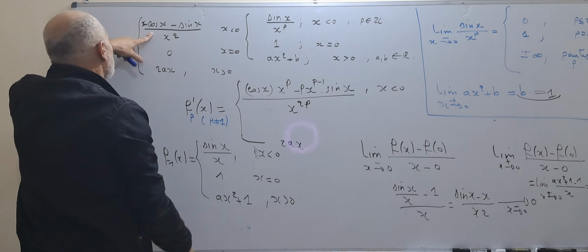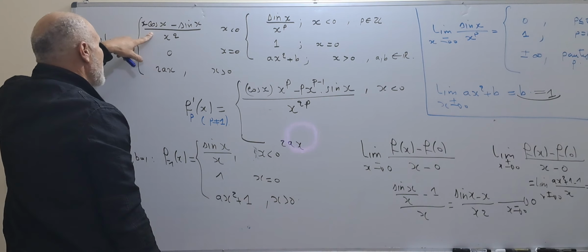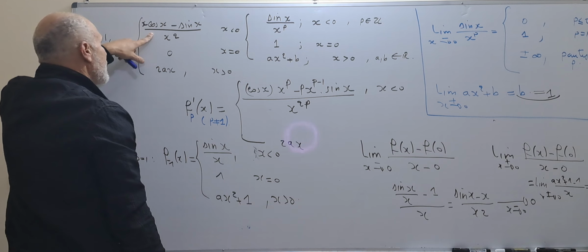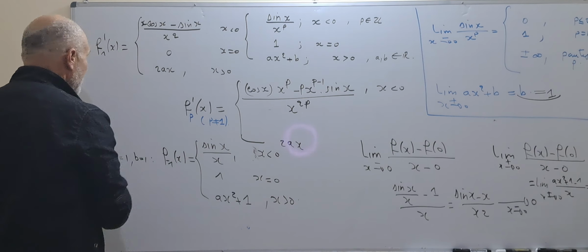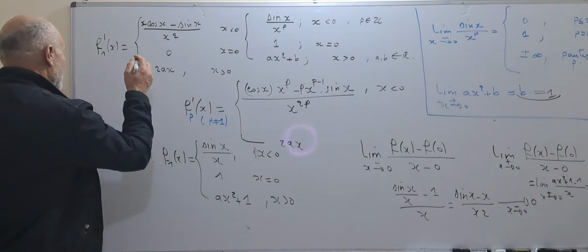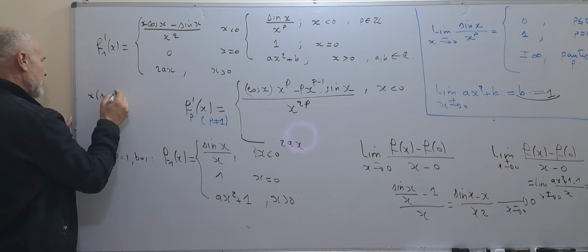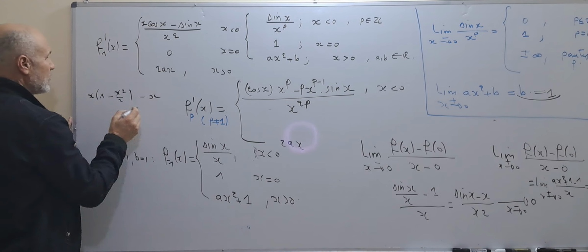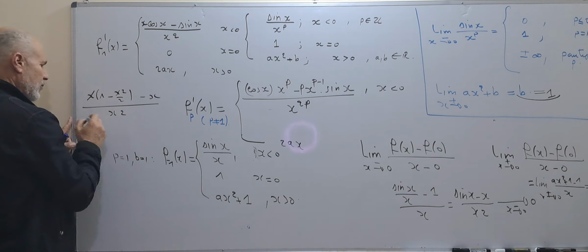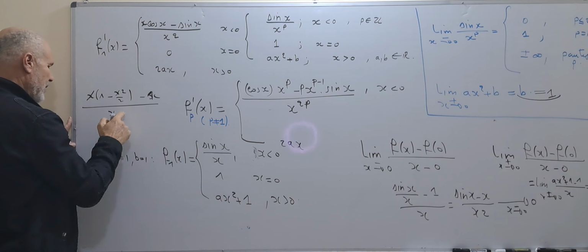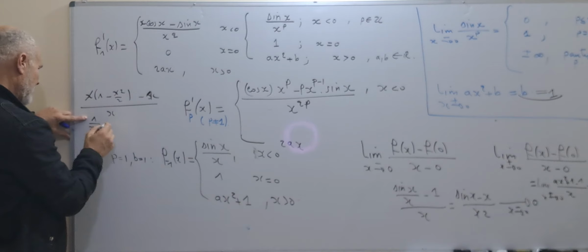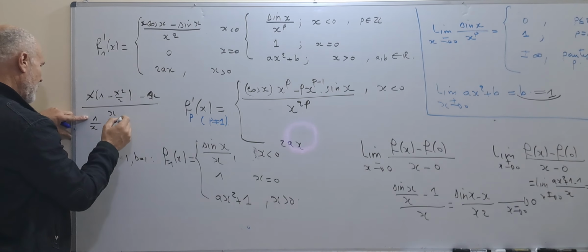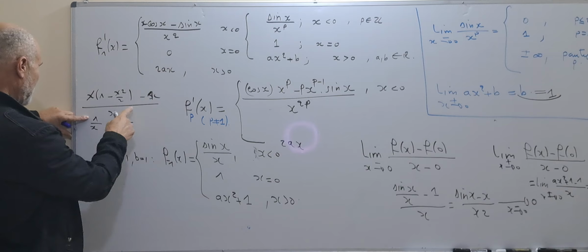When x goes to 0 from the left, we have cosine x over x minus sine x over x squared. It cannot go to 0 in this case, and quickly, using an approximation, we lose this term and we get 1 over x minus x over 2 minus 1.